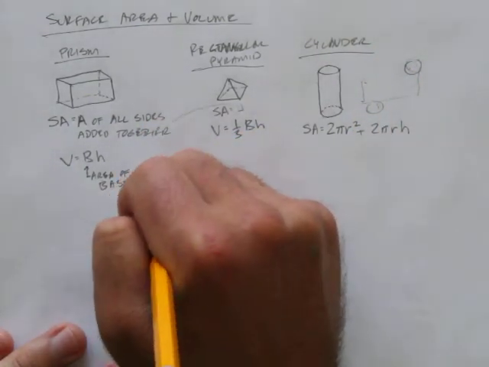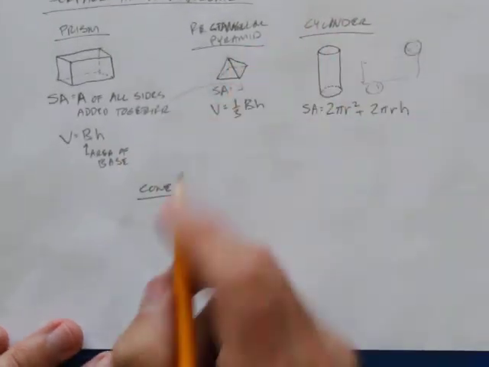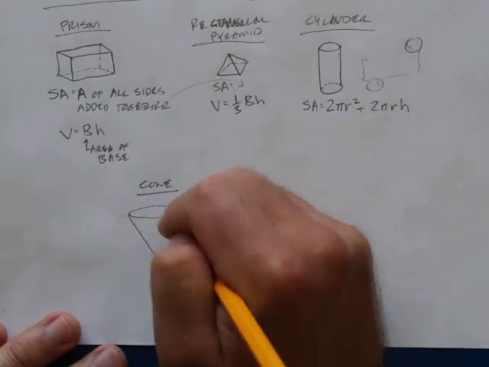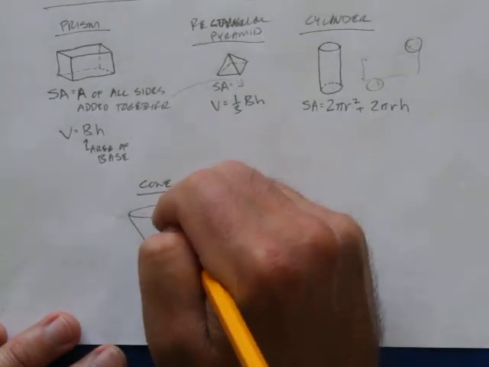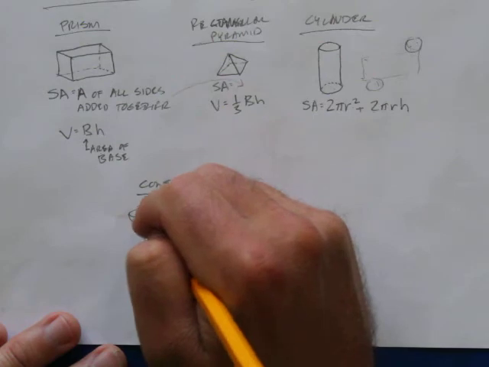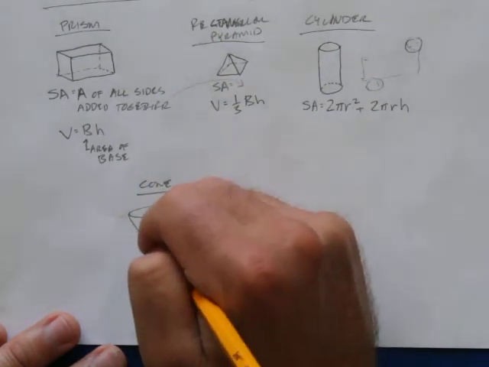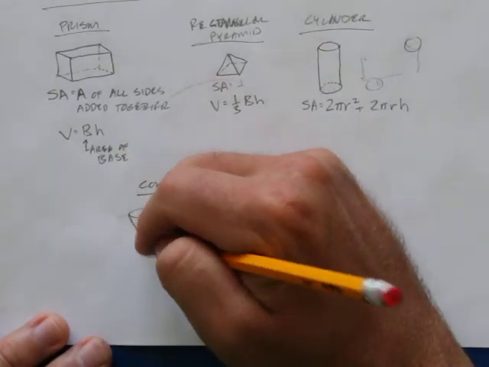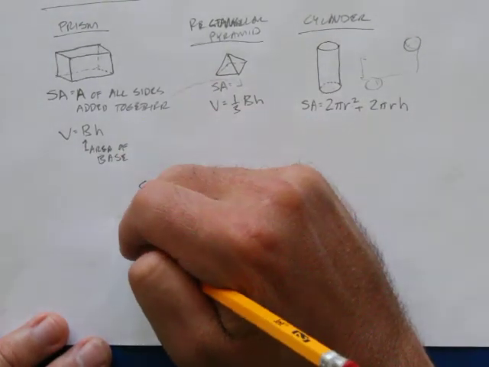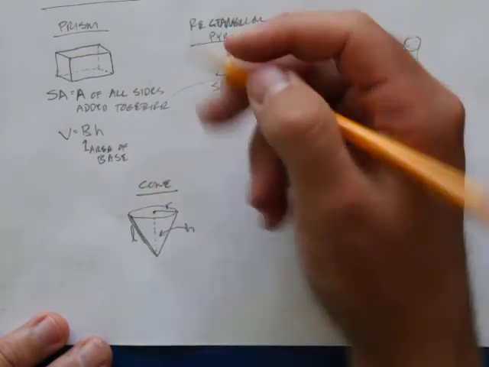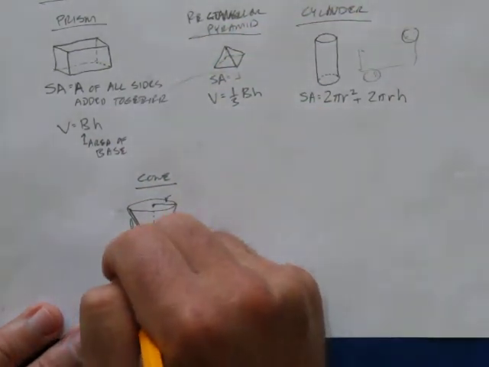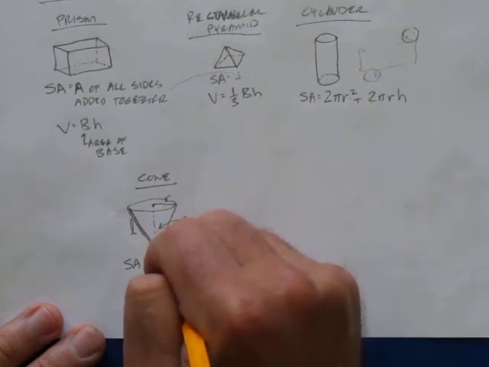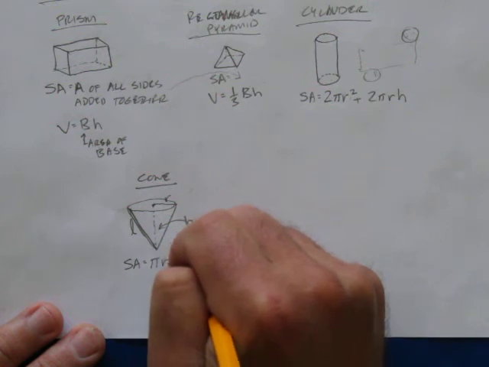Okay, cone. Let's draw a cone. We're going to draw it upside down this time. Here's my radius, and then there's my height. And then this side is my length. So now I've got my surface area equals pi r length plus pi r squared.